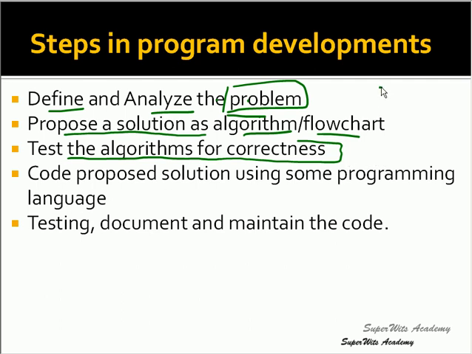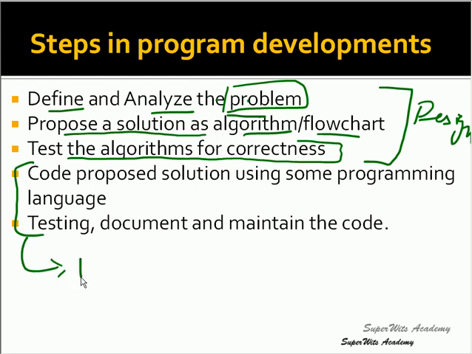Now these first three steps are basically for design purposes, right? Whereas the rest of the two steps, that is code the proposed solution using some programming language, and then testing, documenting and maintaining the code, are related to the implementation part, right?